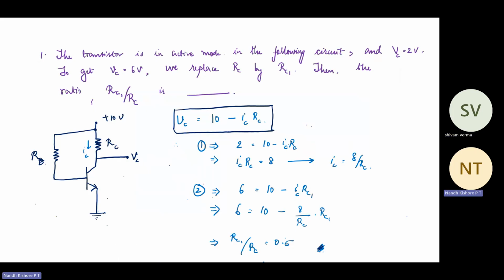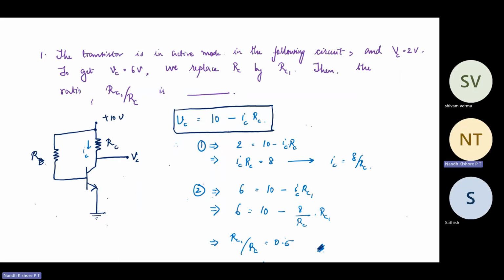Yeah. So you can understand the question was only this. They have given just this circuit alone. So see what is the collector voltage? Collector voltage is the voltage across this, VCE. So if you write KVL, what will happen?